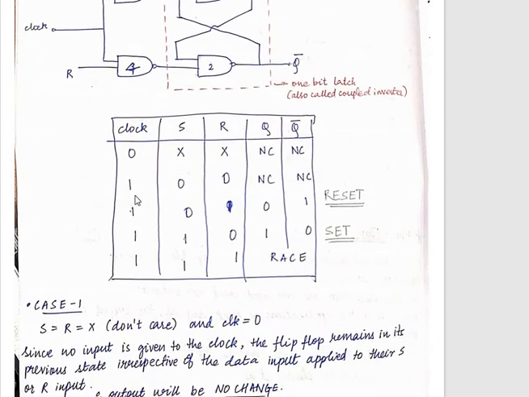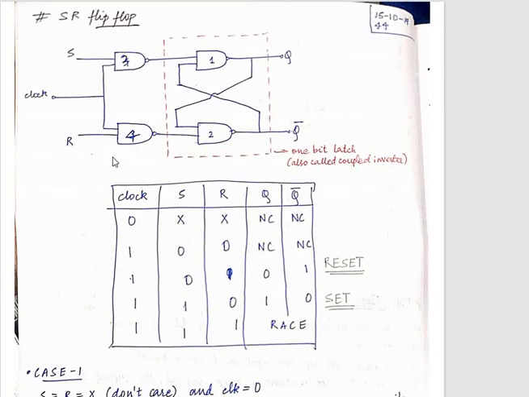So now when the clock 1 is applied to change the state of the flip-flop, and the inputs S and R are 0, 0, at that time we have to consider some initial state of Q and Q bar.